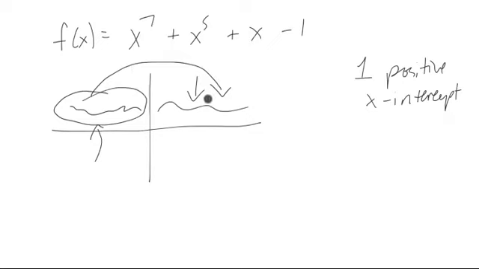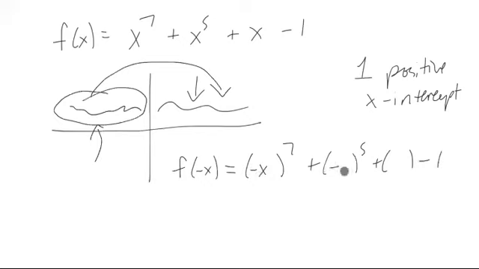That reflects. So if we take a look at putting negative x's in for x everywhere, making the slots, and then inserting negative x, and then maybe simplifying: here with the 7th power, the negative comes out. Here with the 5th power, the negative comes out. And then the negative.